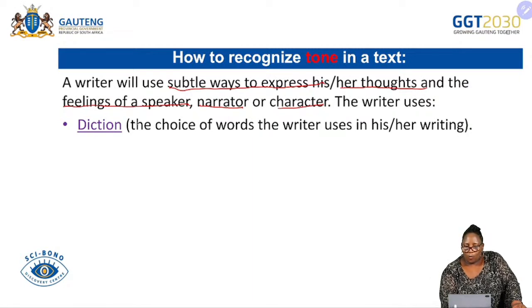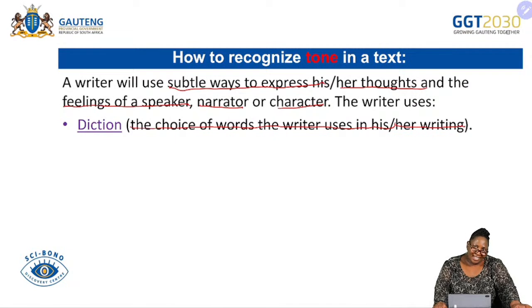Choice of words that the writer uses in his or her writing. So diction refers to what? Choice of words. Remember we said you can easily detect the emotion or the attitude of a speaker by reading the words that they have used. Okay.